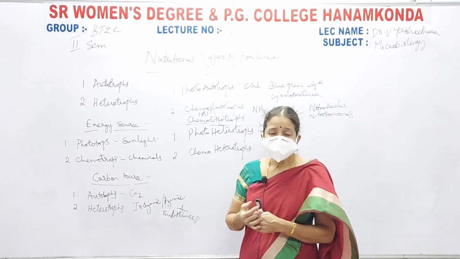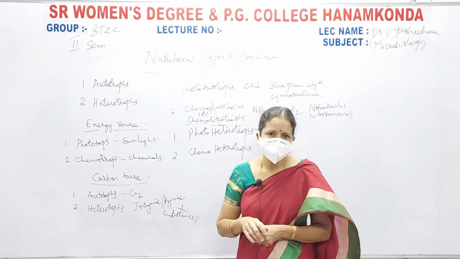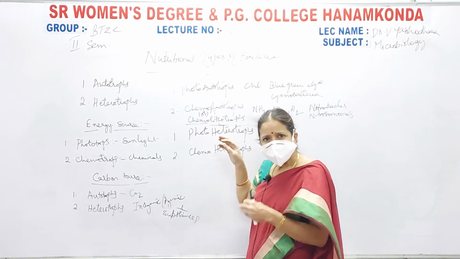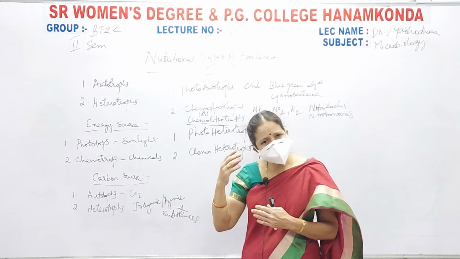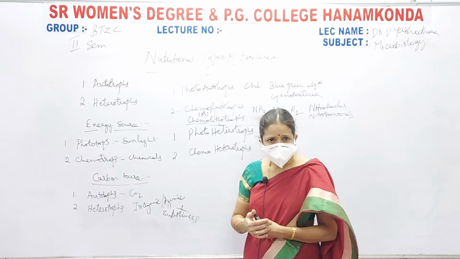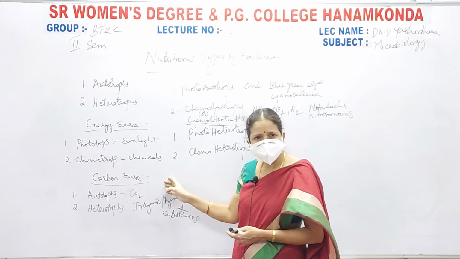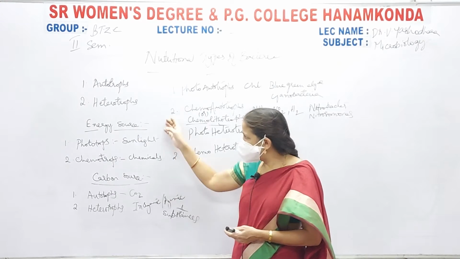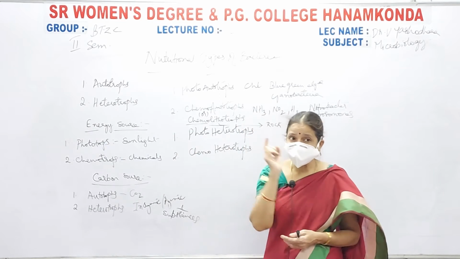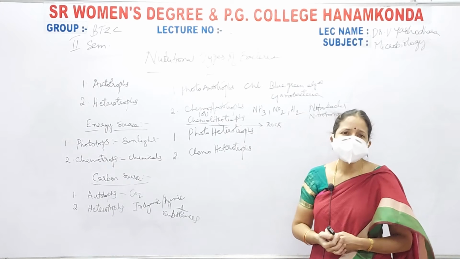It is synthesizing its food. From such organisms only the heterotroph will feed on that. The heterotroph will take food material from such type of organism which is synthesizing its food material by depending on the external energy source and external carbon source. When these are satisfied, then only from such type of organism will the heterotrophs take the food material.